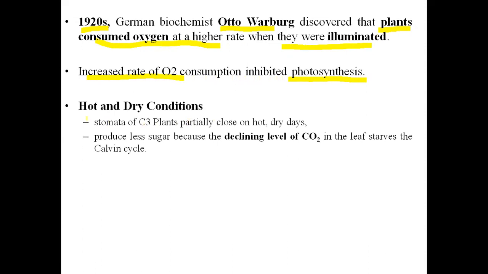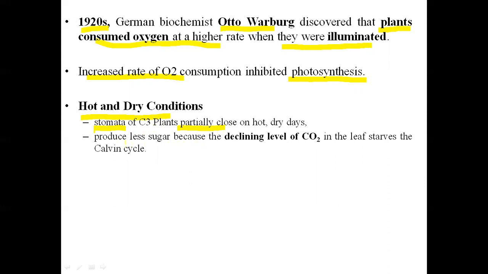In normal conditions, C3 plants generally go for the Calvin cycle. But the same plants, when they face hot and dry conditions during the hot summers, have their stomata partially closed during hot and dry days.